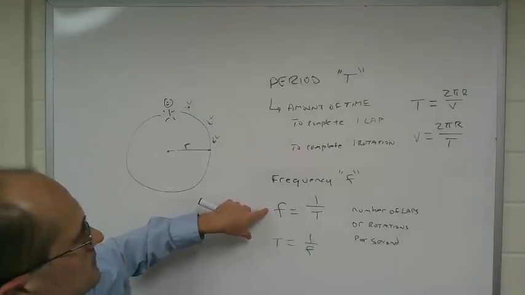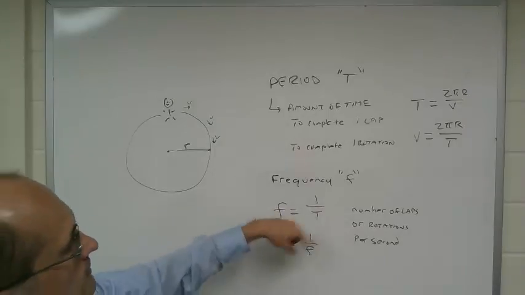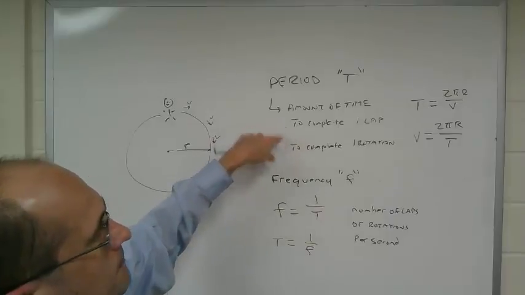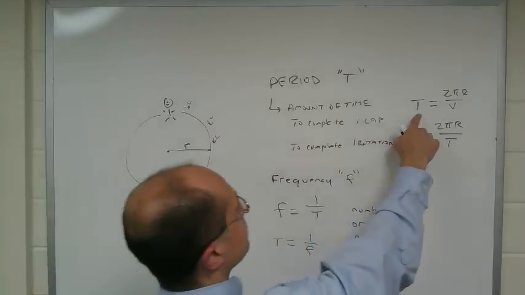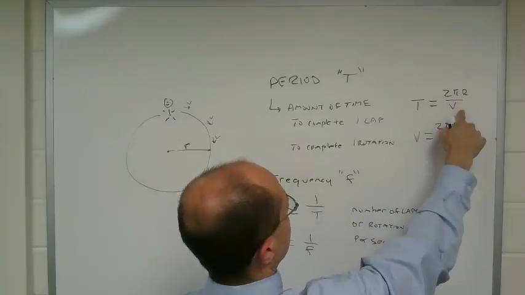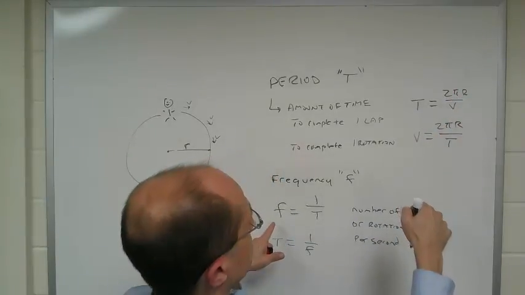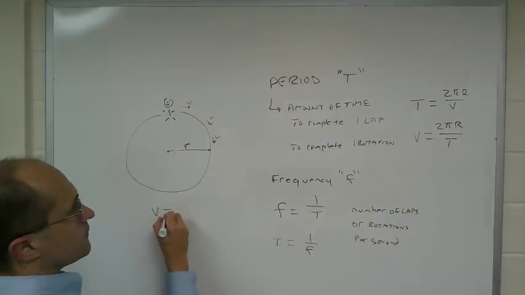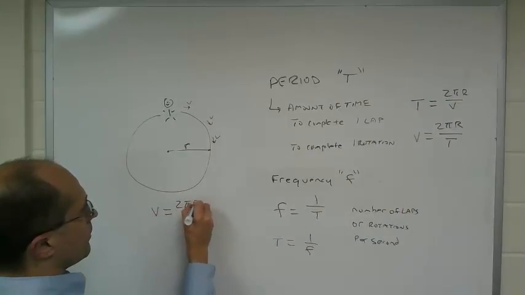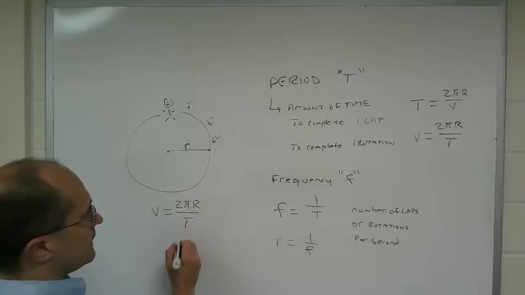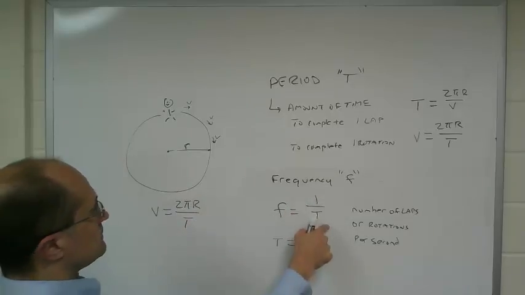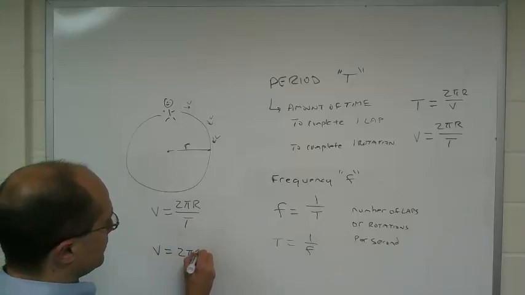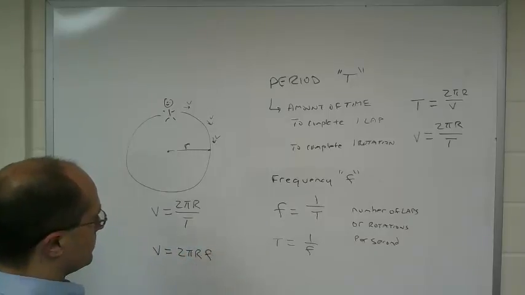So frequency is the number of laps or rotations per second, and period is the amount of time to complete one lap. But we can now look at how period, velocity and frequency are related. Our velocity we said was 2 pi r over T, but because frequency is defined as 1 over T, our velocity is related to the frequency.